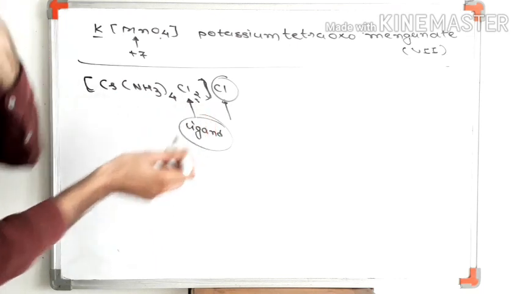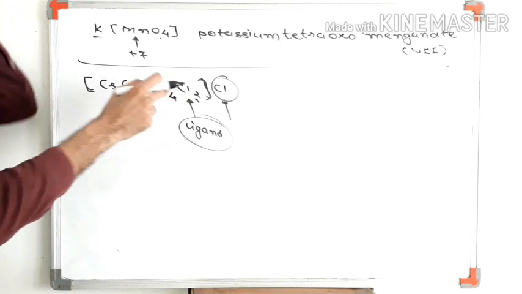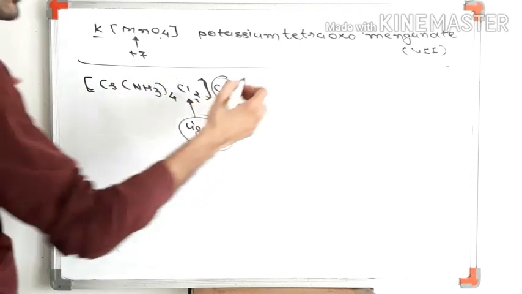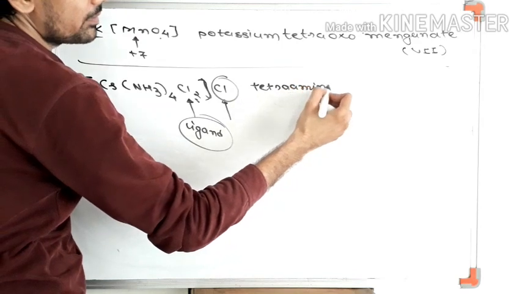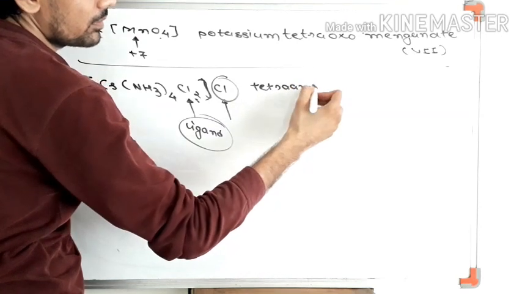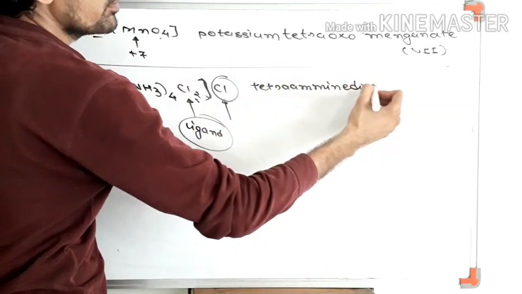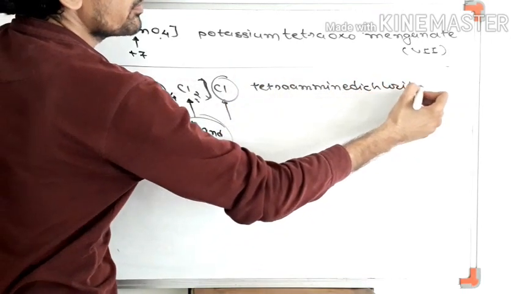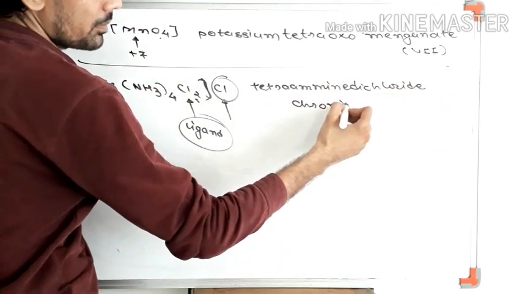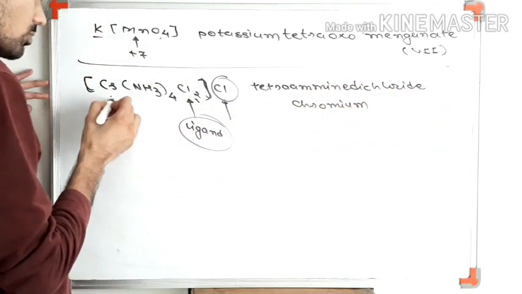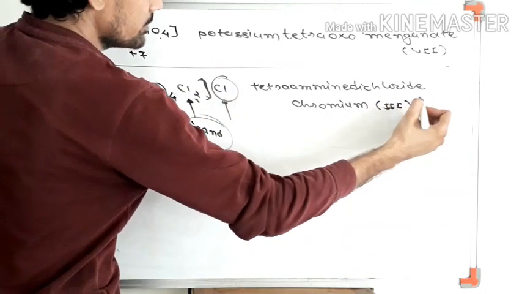Here you have to apply chlorido. Now what is the name? For NH3 ammine, for Cl chlorido. The name should be tetraamminedichloridochromium, oxidation number should be +3, chromium 3 chloride.